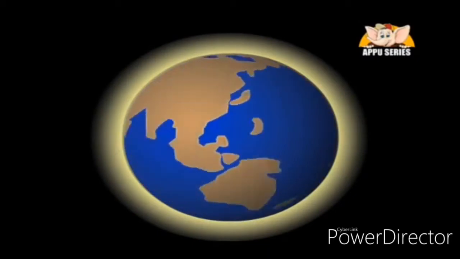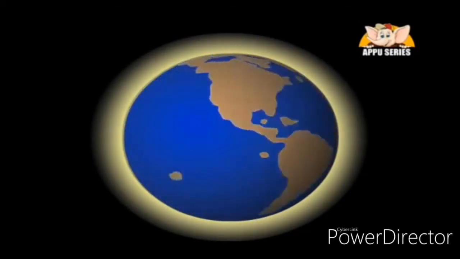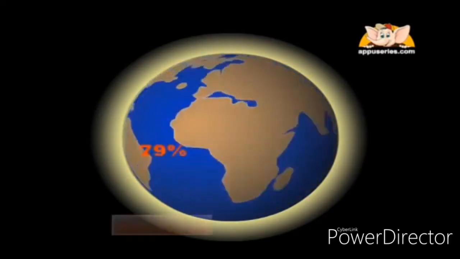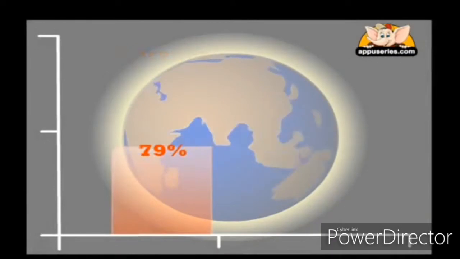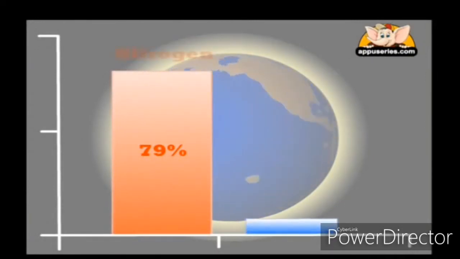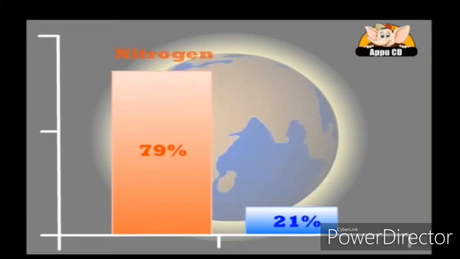The atmosphere is made up of a mixture of gases, mostly oxygen and nitrogen, that wrap around the Earth like a blanket. The air of our planet is 79% nitrogen and just under 21% oxygen. The small amount remaining is composed of carbon dioxide and other gases.